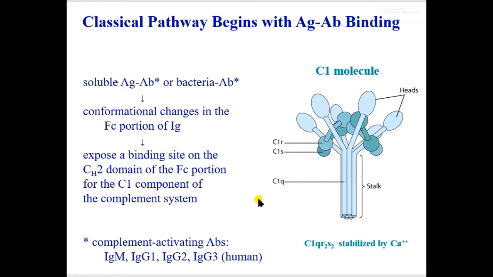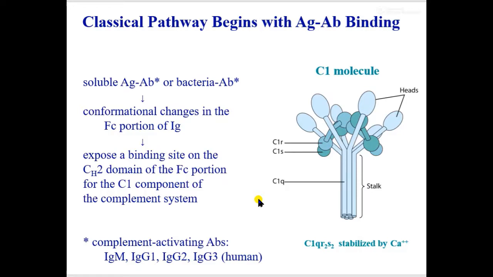The activation will happen only when C1q is attached to the immunoglobulins by at least two of its binding sites. One IgM or two molecules of IgG can initiate the process.